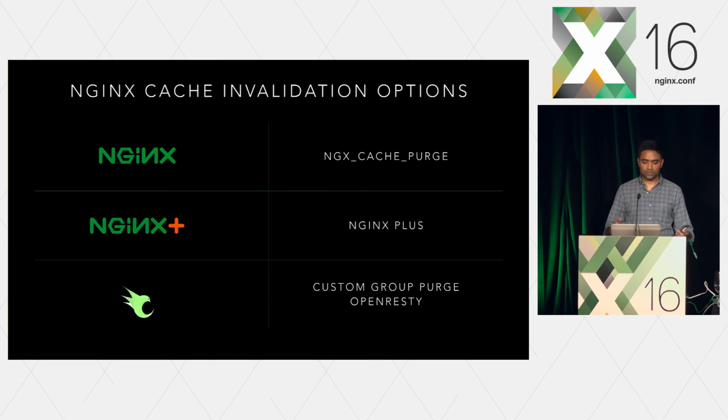And the last one is OpenResty, which, by the way, that's their new logo, which got launched, I think, a month or so ago, which lets you write custom logic on top of your content/access log phase handlers. And the idea I just demonstrated is what you can build, and the power of what you can build on top of it is great.